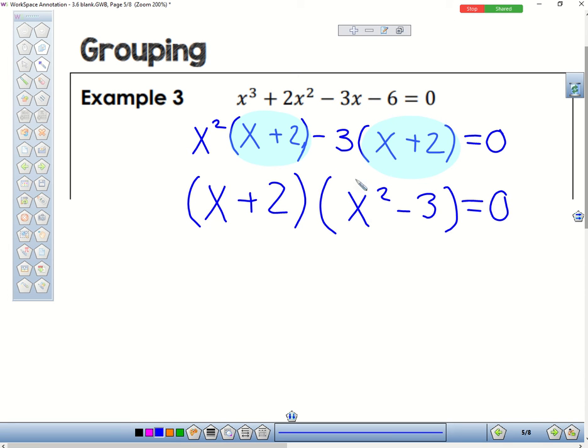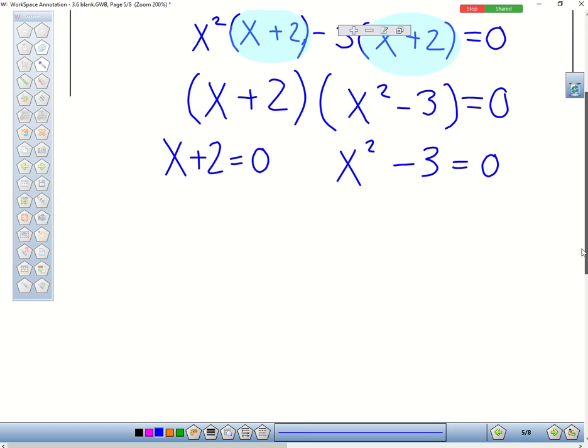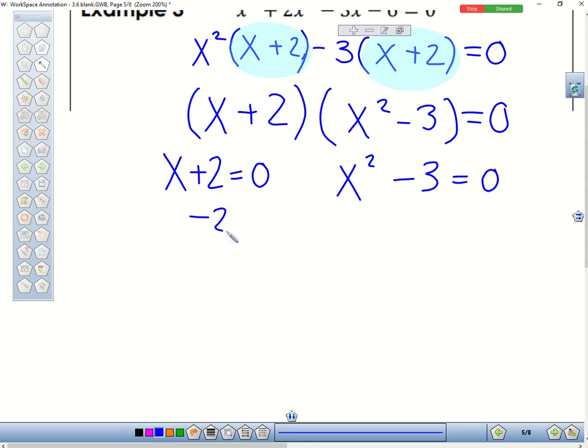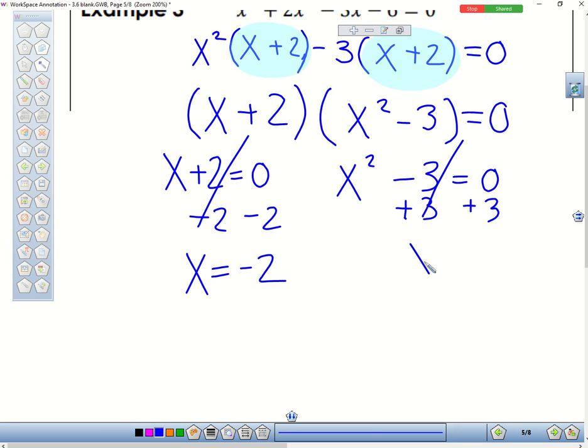And then from here, I'm going to set each of these equal to what? 0. Once you get to this stage, that'll help you find your solutions. This gives me x equals -2. And over here, this gives me x squared equals 3.